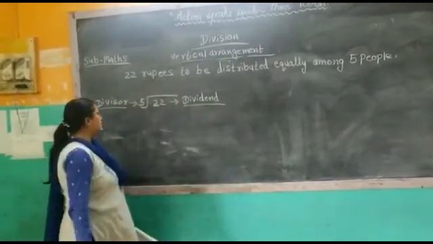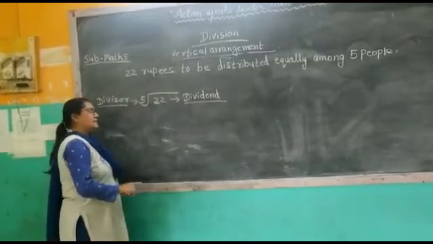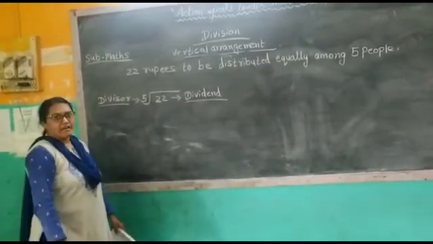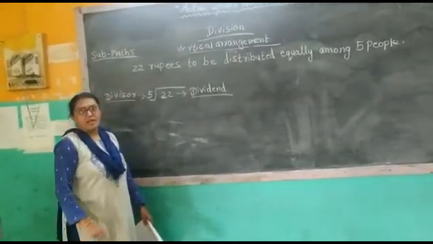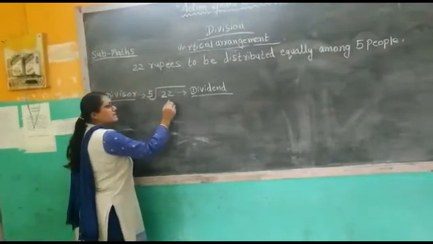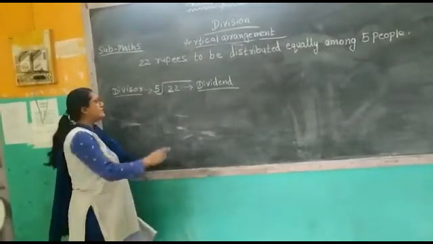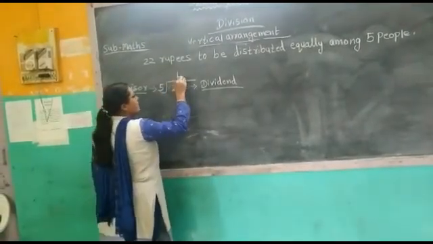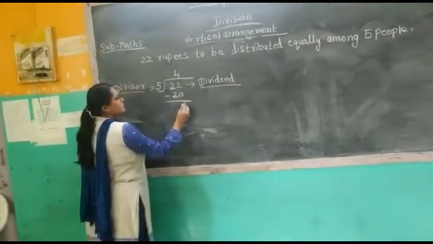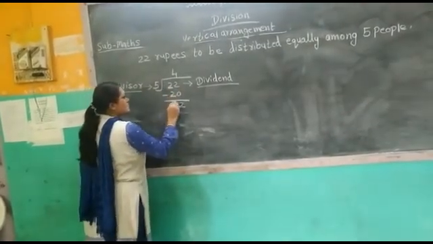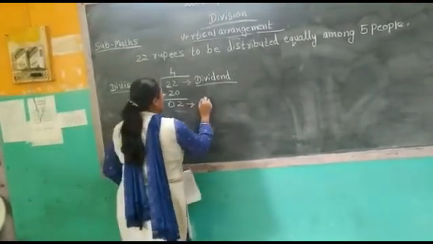Now see, we will tell the table of 5. 5 ones are 5. 5 twos are 10. 5 threes are 15 and 5 fours are 20 and 5 fives are 25. But 25 is bigger than 22. So now what number will we take here? We will take 5 fours are 20. So 2, and 2 minus 2 is 0. Now 2 is the remainder.